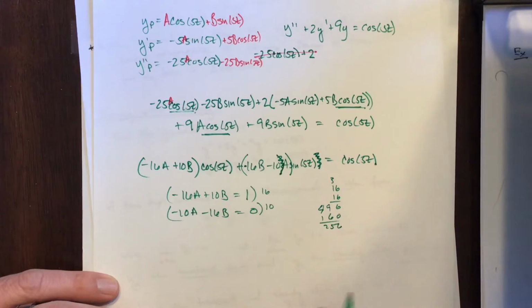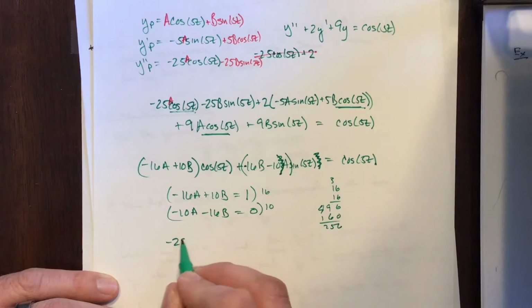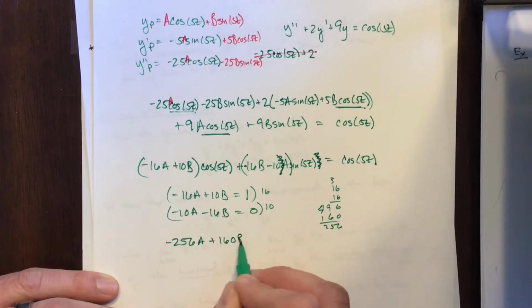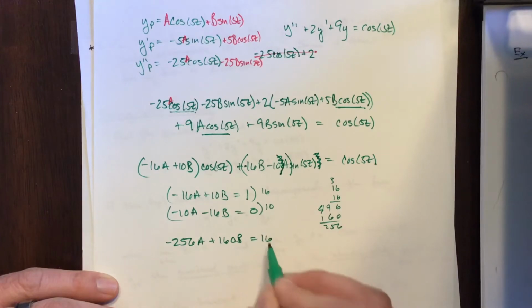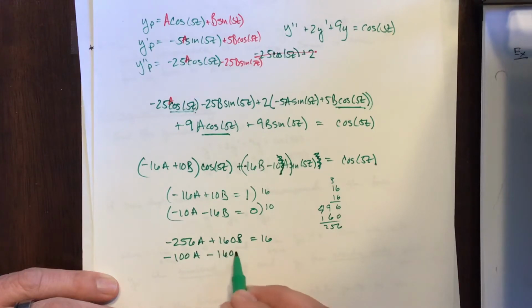That seems right. Negative 256A plus 160B equals 16. And this is minus 100A minus 160B equals 0.